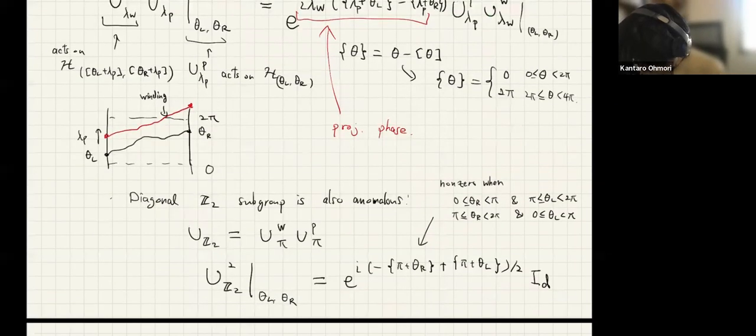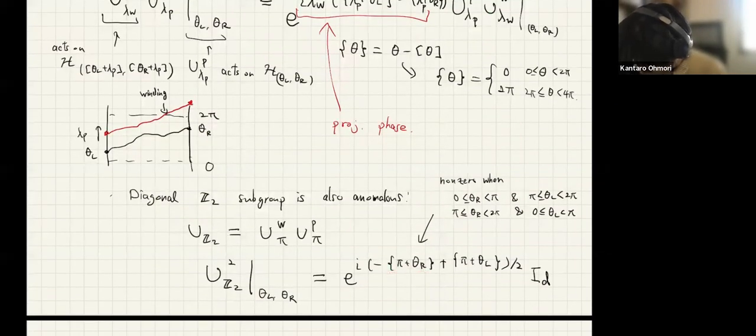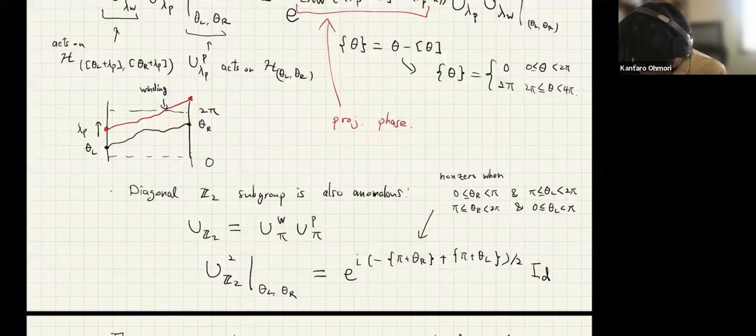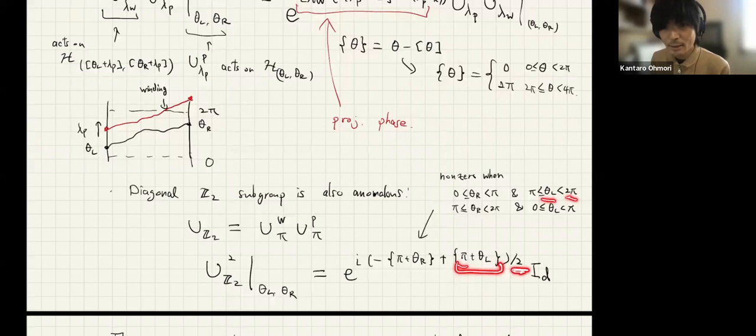So here, in this case, pi plus theta R is less than 2 pi, so this one is 0, but for this one, pi plus theta L exceeds 2 pi. So we get the 2 pi, and we have a half here. So there's a sign.